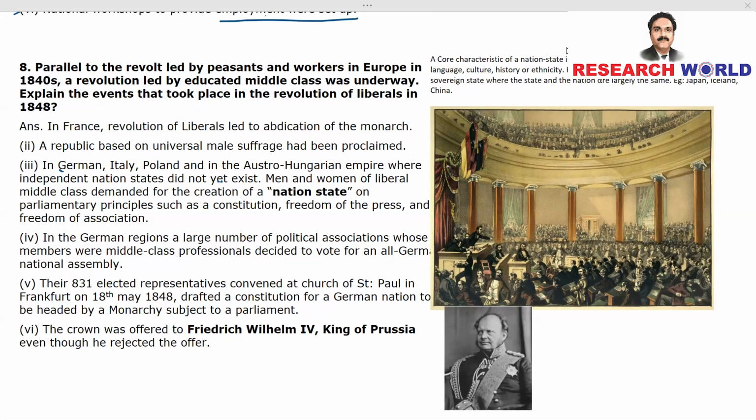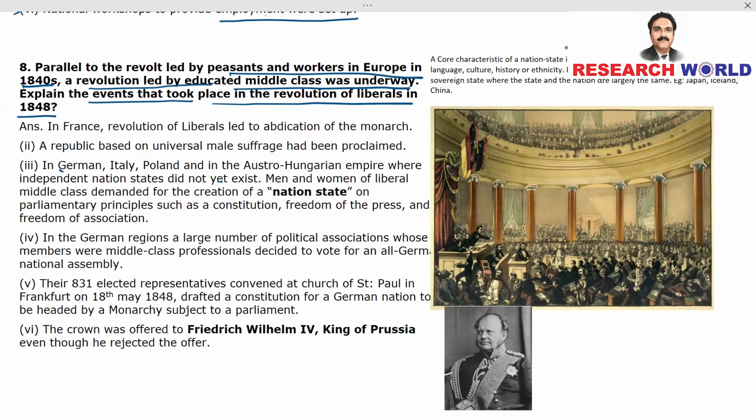Next question, the eighth question. Parallel to the revolt led by peasants and workers in Europe in the 1840s, a revolution led by the educated middle class was underway. Explain the events that took place in the revolution of liberals in 1848.